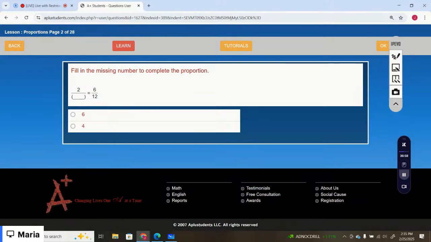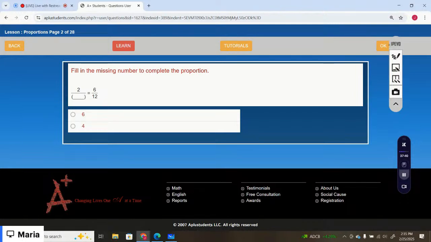Fill in the missing number to complete the proportion. So which is the correct option? 2 times 3 is 6.